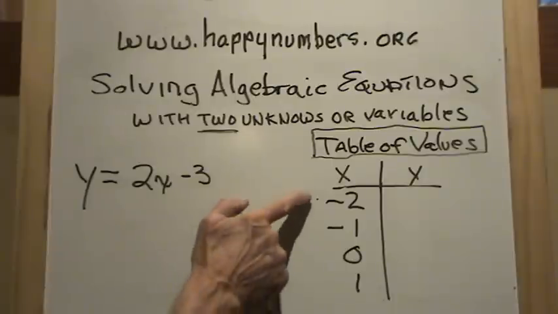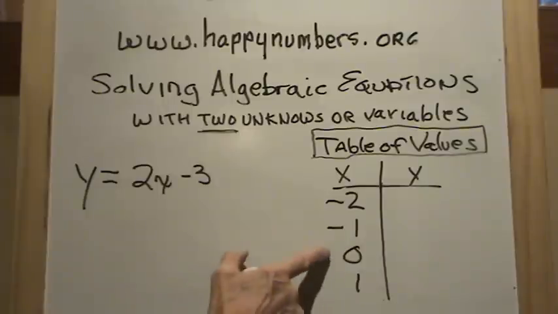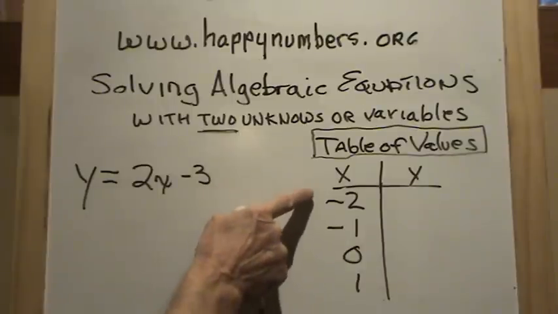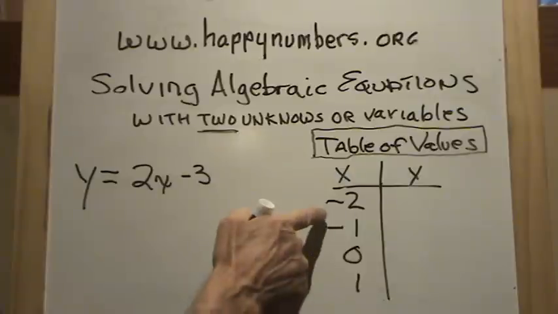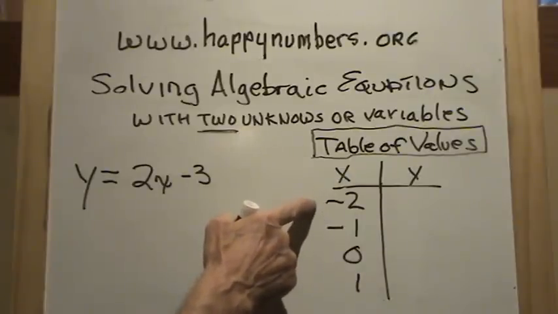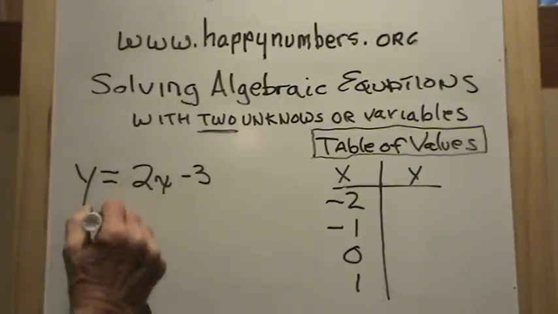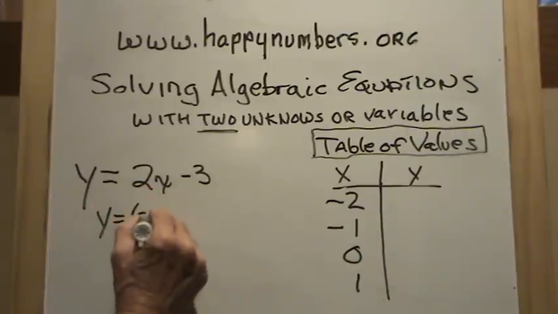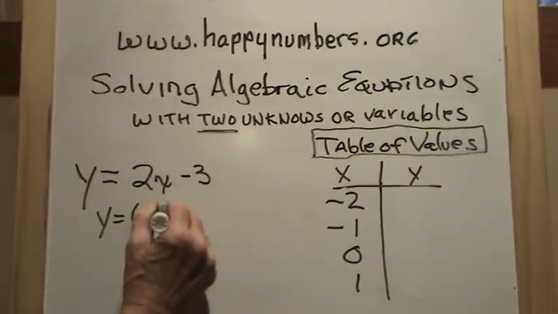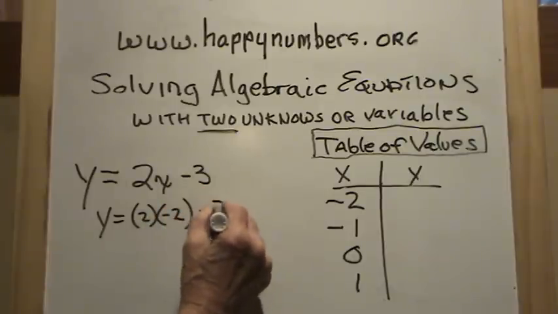Usually when you pick your values for your tables, it's good to pick positive and negative numbers. It's good to pick 0, and it's good to keep the numbers small so that you're working with small numbers. Well, let's see what happens if x is negative 2, what will y be using this equation? Well, y equals 2 times x, which is negative 2, minus 3.